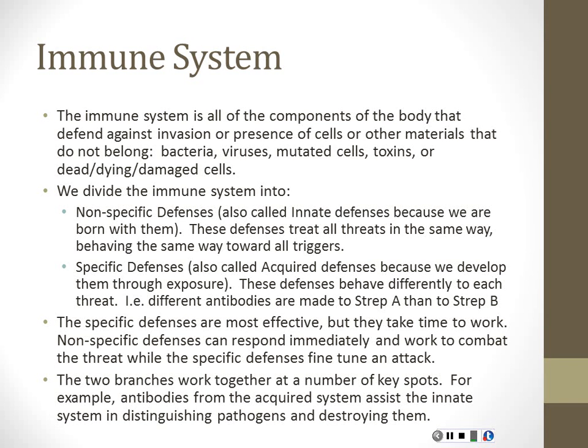All right? So then what about the second adjective, innate versus acquired? Innate, we're born with this. And acquired, we have to grow. Another way to look at it is our immune system has to learn.